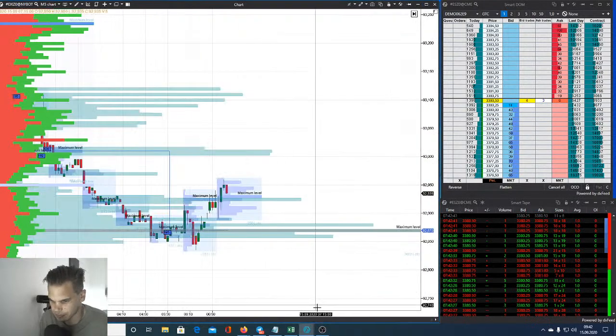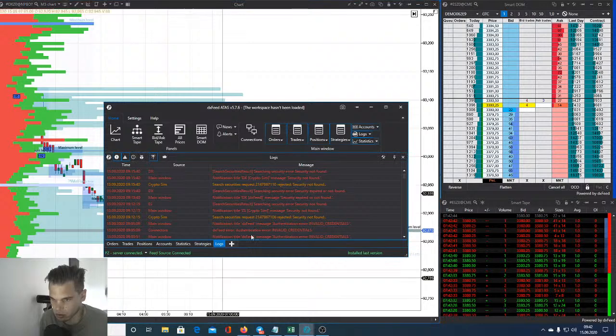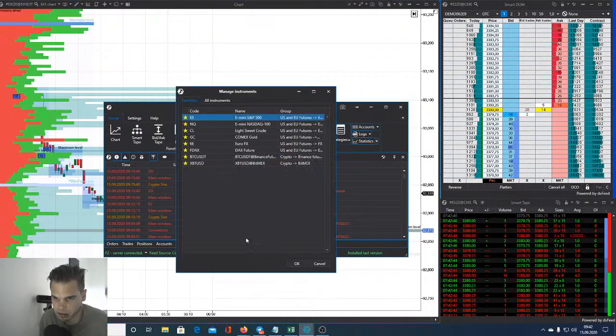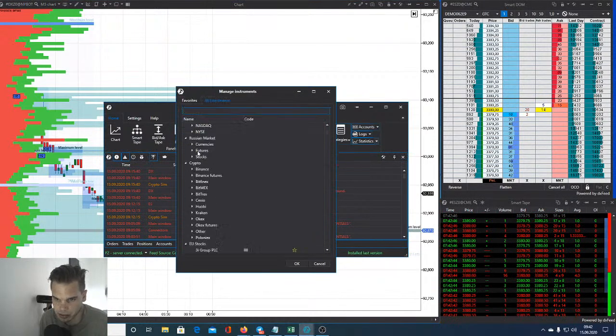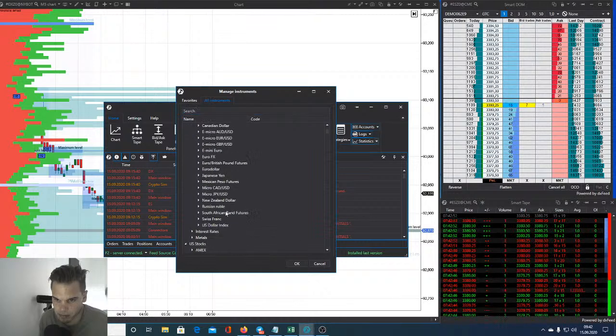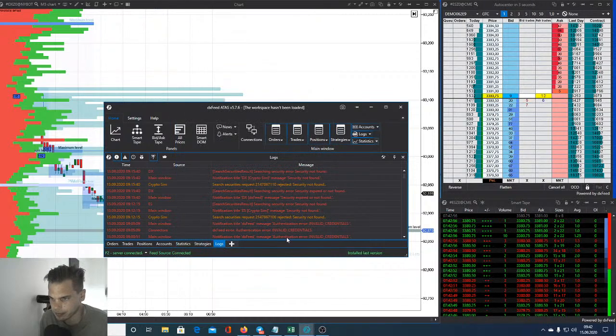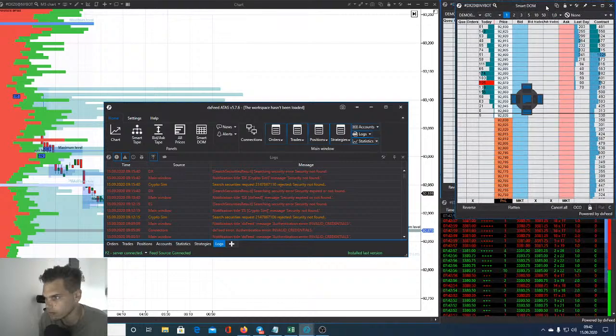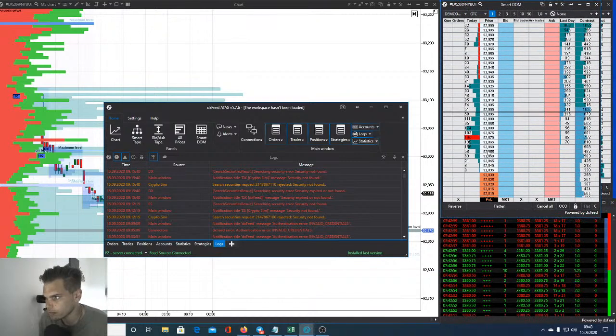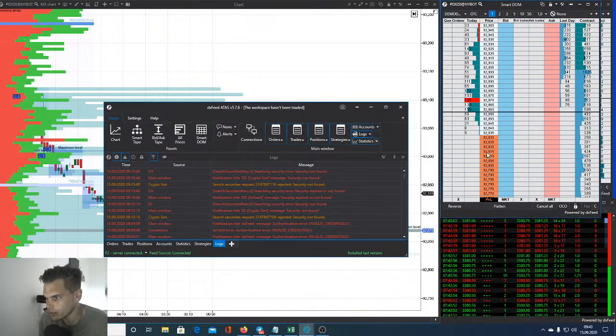We can also get the smart tape for DXY as well. US dollar index. Nothing going on here.